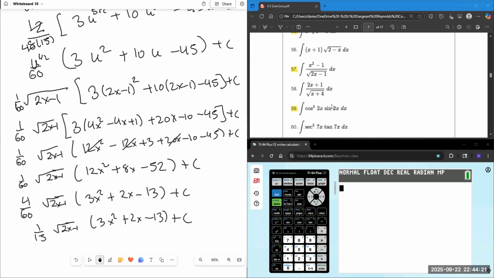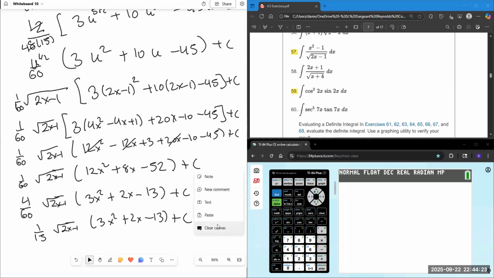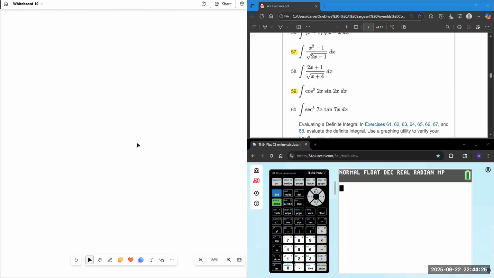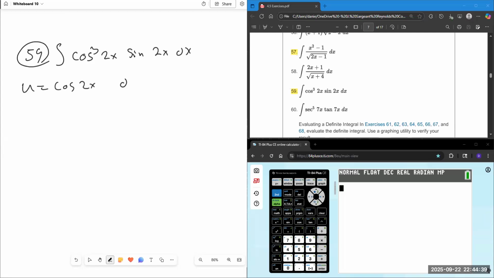All right, let's look at number 59. Integral cosine cubed 2x sine 2x dx. U is cosine 2x.